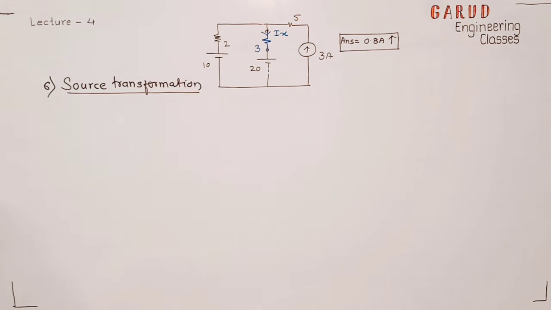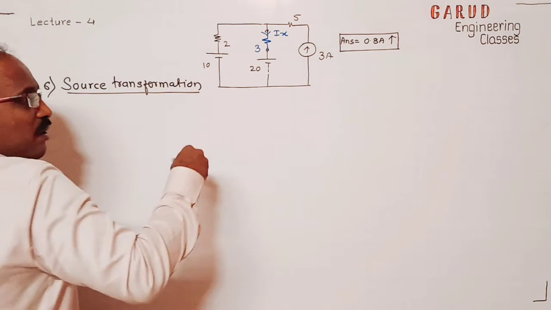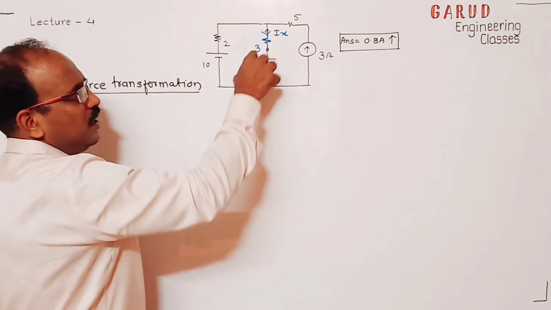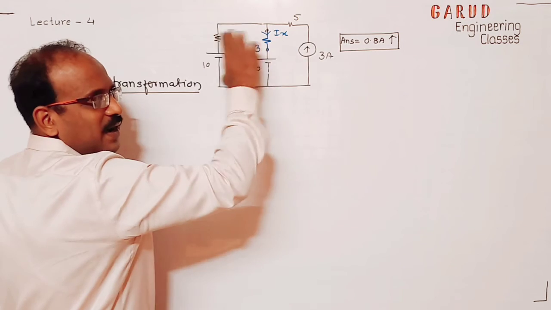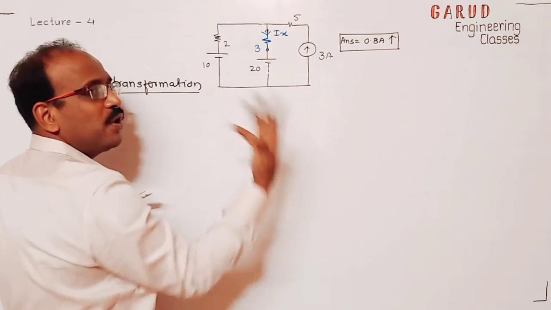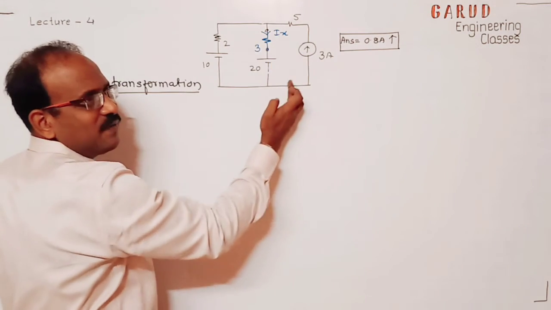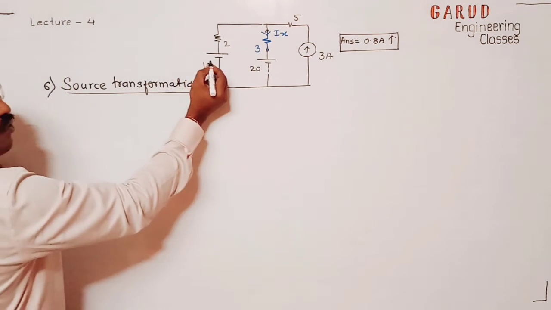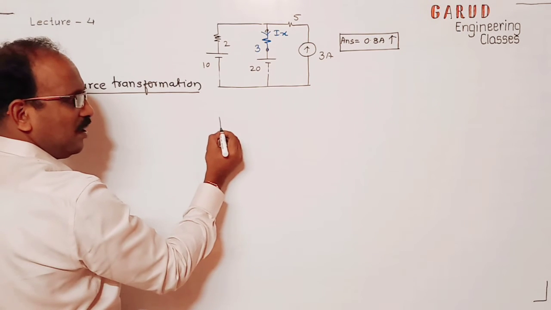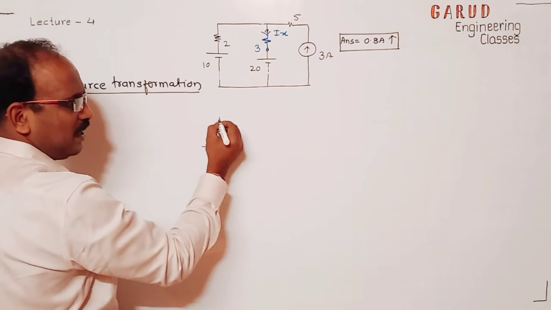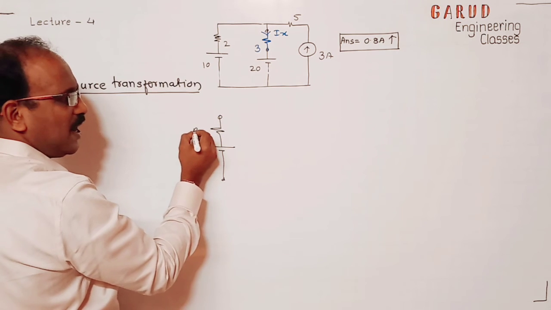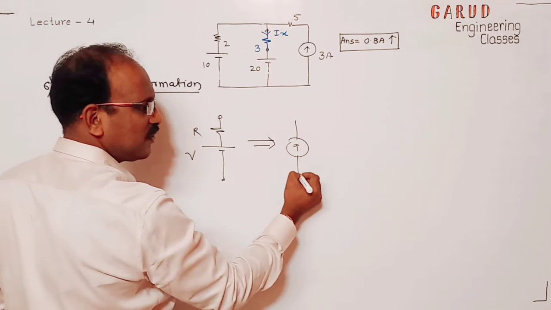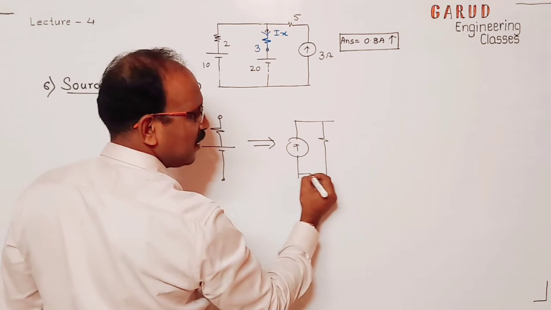So what is source transformation? In source transformation, we have to convert one source into another source. In this particular part, all are connected in parallel, so in parallel we need current sources. I explained source transformation: suppose there is a voltage source V in series with R. This can be converted into a current source and resistance like this.